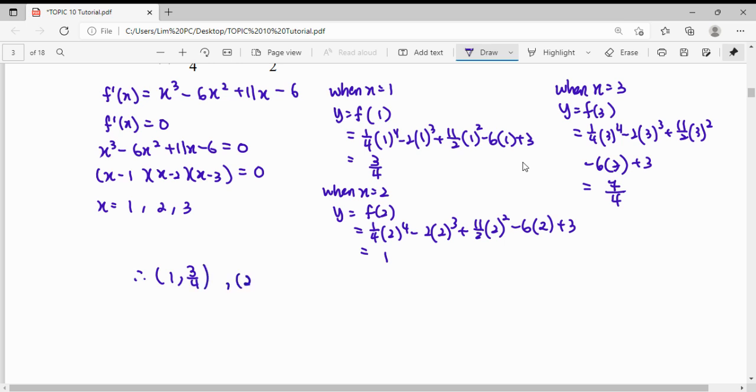Another point is 2, 1. Another point is 3, 3 over 4. They all are critical points.